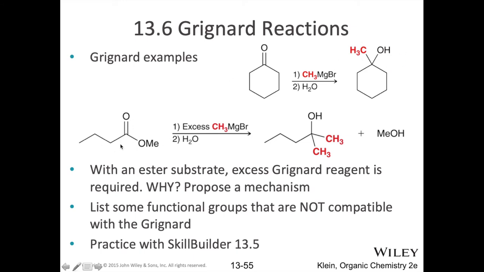Here we have an ester, and as we saw earlier with lithium aluminum hydride, we kick off that methoxy group as a methanol byproduct. Just as two equivalents of hydride would add on there, here we have two equivalents of Grignard adding two methyl groups to that carbonyl carbon when making the alcohol.